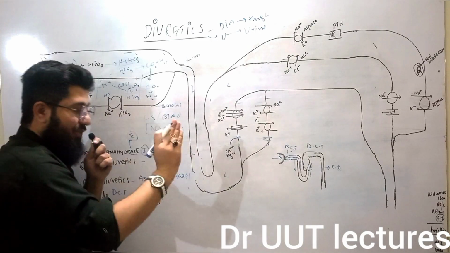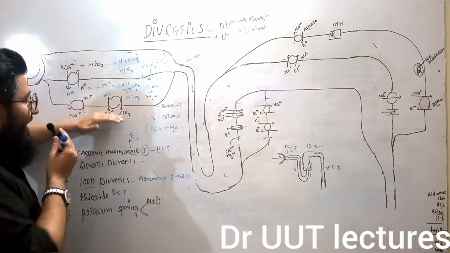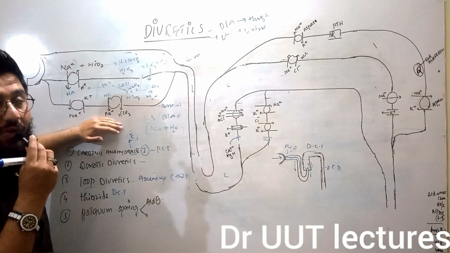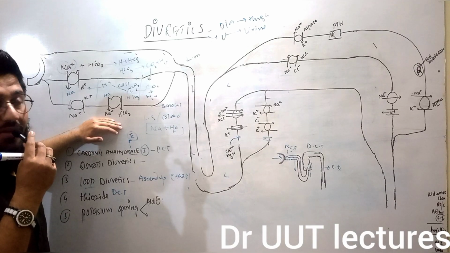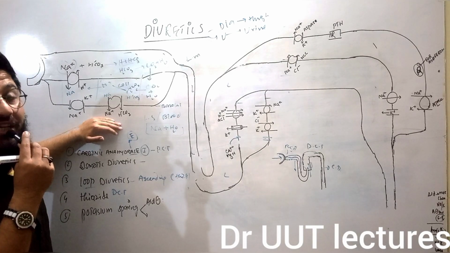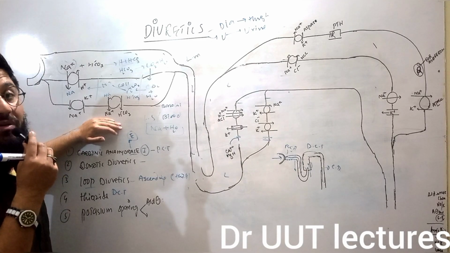If sodium is moving this way, the water is moving this way. If sodium is moving inside, alongside there is the movement of water. Water will move where sodium is available. So sodium and water, you must remember this.